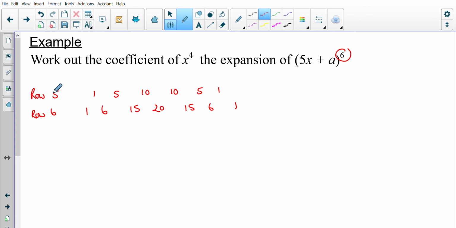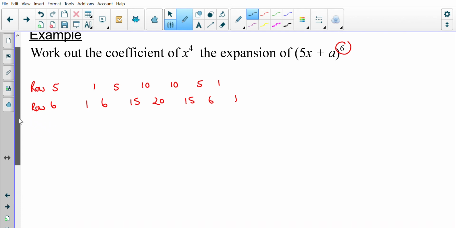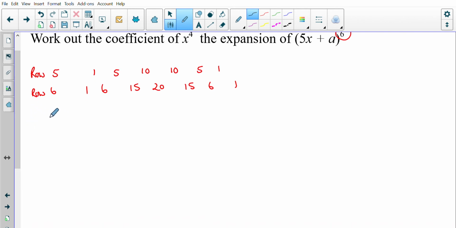So I find that up to row 5 is quite easy to remember, and then it's quite quick just to work them out from there. So I've written out row 5, and then I've just added up to get my row 6. Now, so that I get the right term, what I like to do here is I'm going to write down my rows of Pascal's triangle down the page again to start off my workings out.